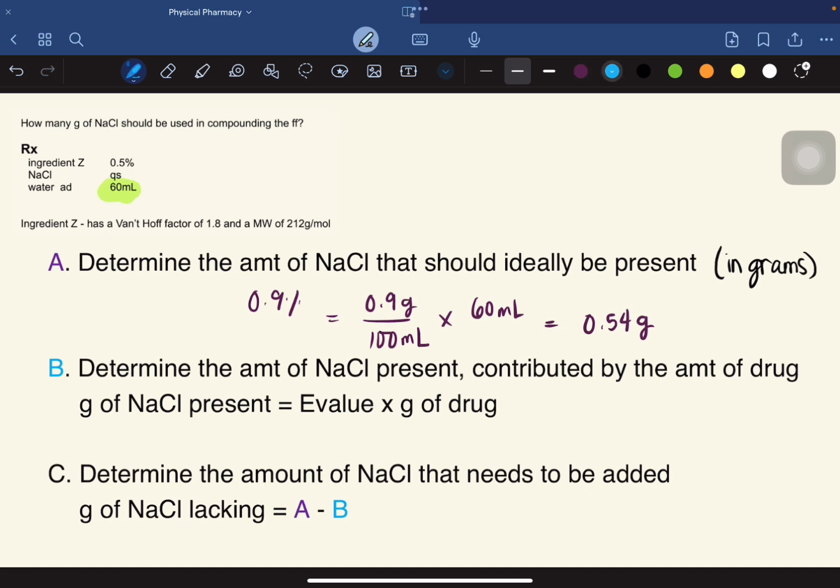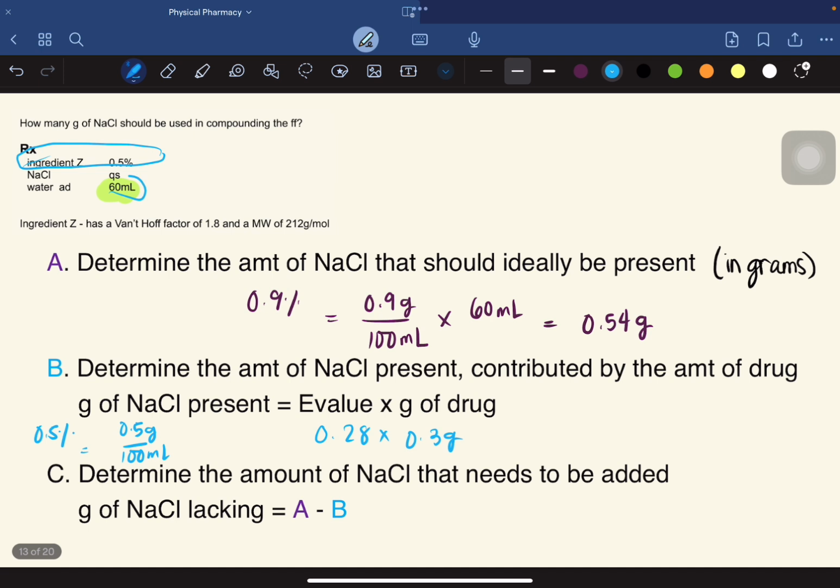Next step is to determine the amount of sodium chloride contributed by the amount of drug. To get this value, we will multiply the E value of ingredient Z, which was 0.28, times the grams of drug present in the solution, which is 0.3 grams. So saan galing si 0.3 grams? If you look at the prescription here, ingredient Z is present in the solution as 0.5%. Now, if you remember your basics, kapag 0.5% yung concentration, it means that for every 100 ml of the solution, there is 0.5 grams present of the drug.